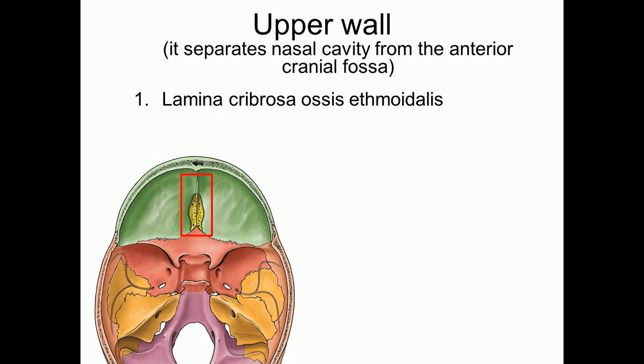They are lamina cribrosa ossis ethmoidalis, which is of yellow color, and partially os frontale, of green color. So, two bones form the upper wall of the nasal cavity.